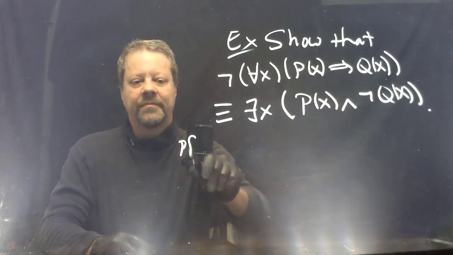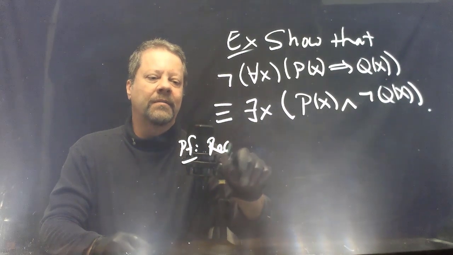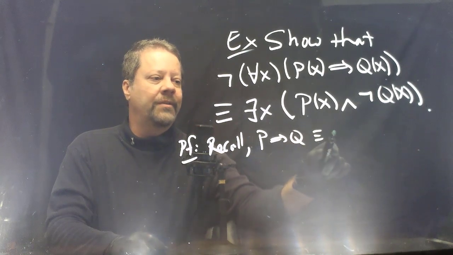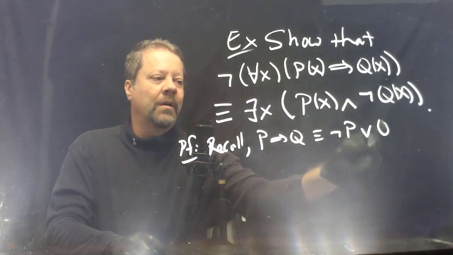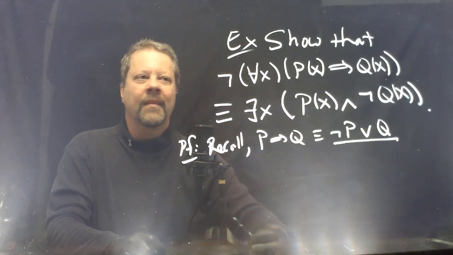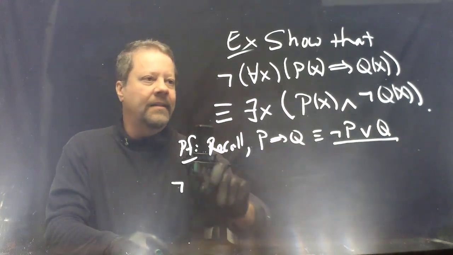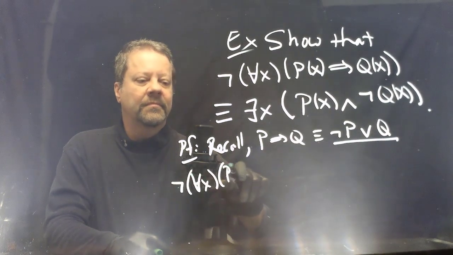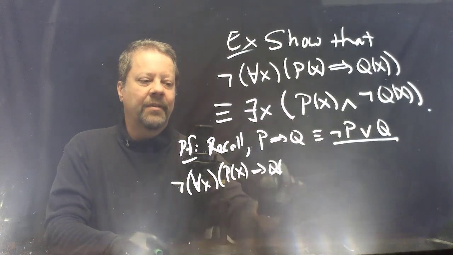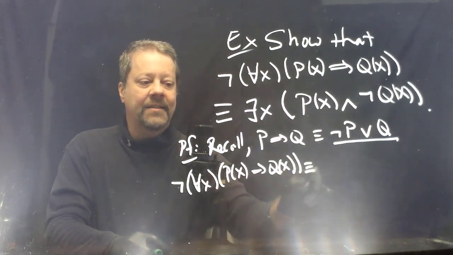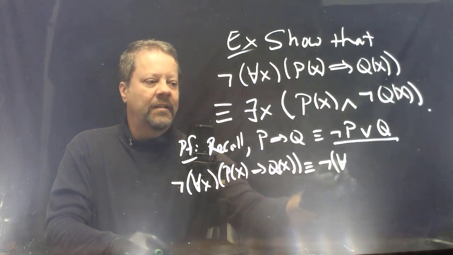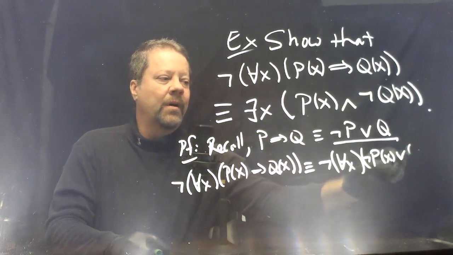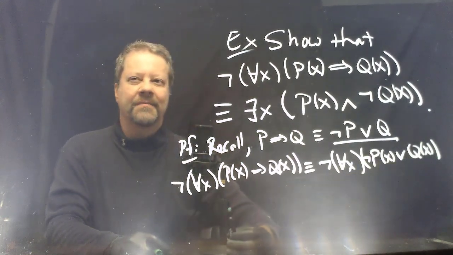So in our proof, I want to recall that P implies Q is equivalent to not P or Q. So we'll start with the not for all x, P of x implies Q of x, and rewrite this as not for all x, not P of x or Q of x.